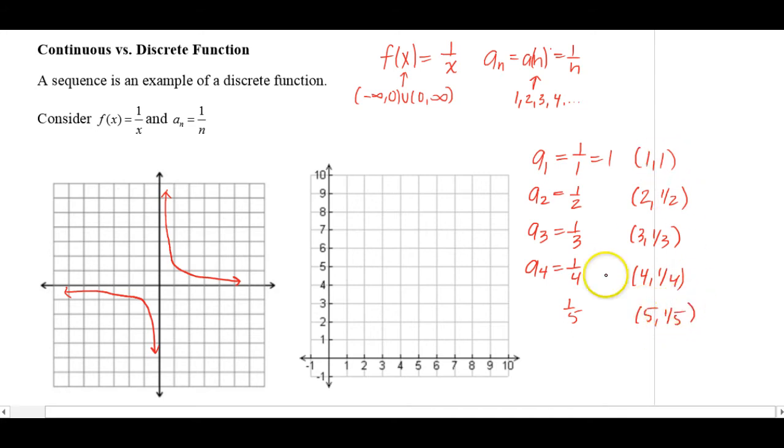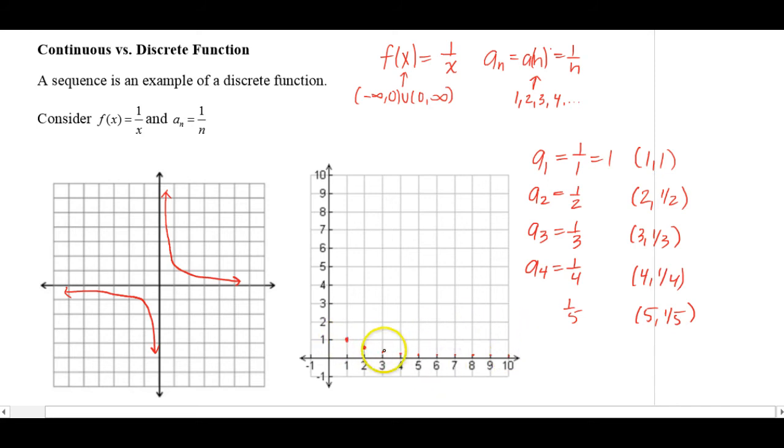And now we can graph these points. So the first point I can graph is right here at 1, 1. So that's one coordinate point. Then 2 a half, 3 a third, now it's going to get really hard, 4 a fourth, 5 a fifth, and then you can see that we're going to end up getting closer and closer to the x-axis.